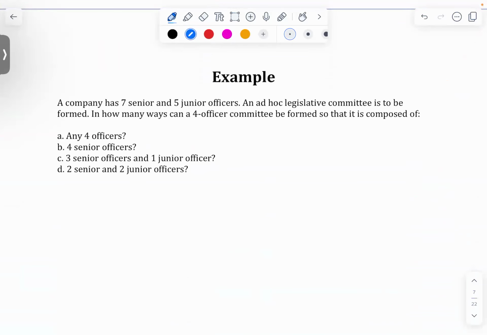A company has 7 senior and 5 junior officers. An ad hoc legislative committee is to be formed. In how many ways can a 4-officer committee be formed? So that is composed of four different questions. So once again, this is humans, and I don't see anything explicitly talking about more than one position held. So no repeats.